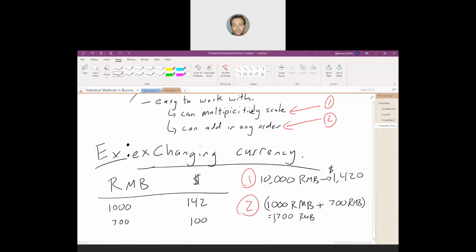With this 1,700 renminbi, if we wanted to turn this into USD, how much would that be? $242. All right, 242. And where did you get 242 from? From the 1,700 RMB. Yep. So you did 142 plus 100? Yeah. Right. Great.